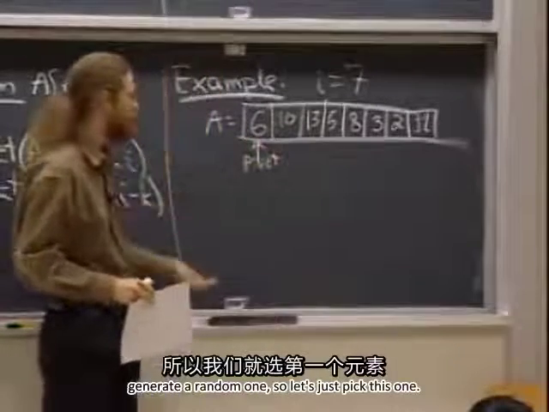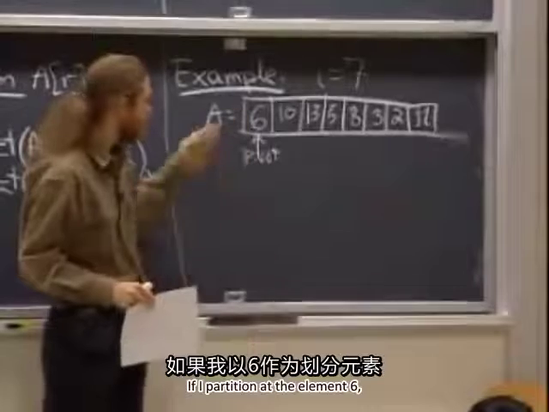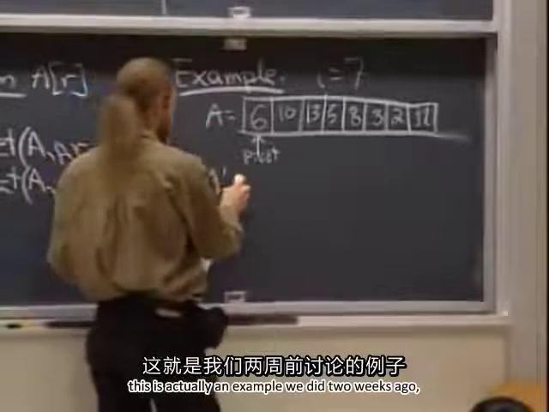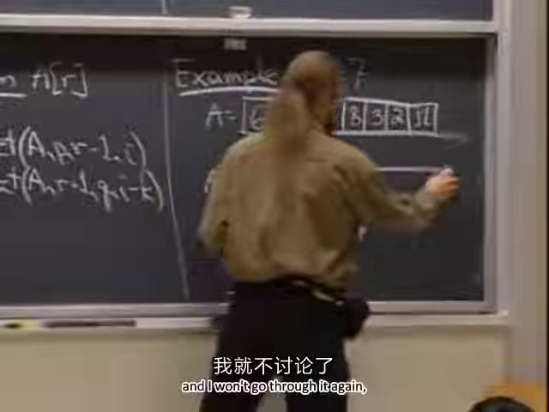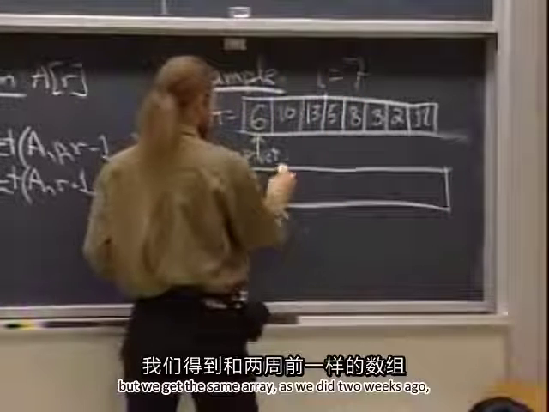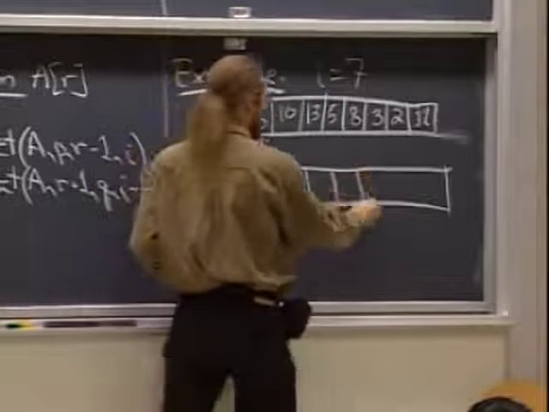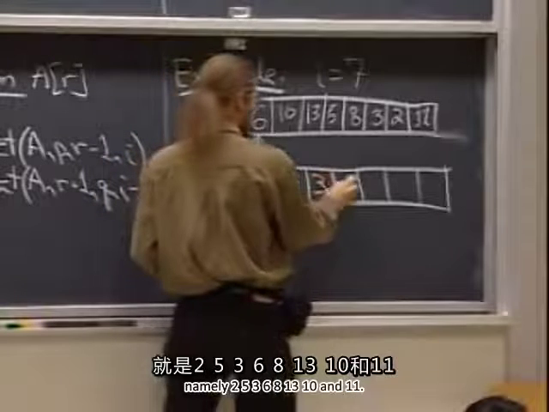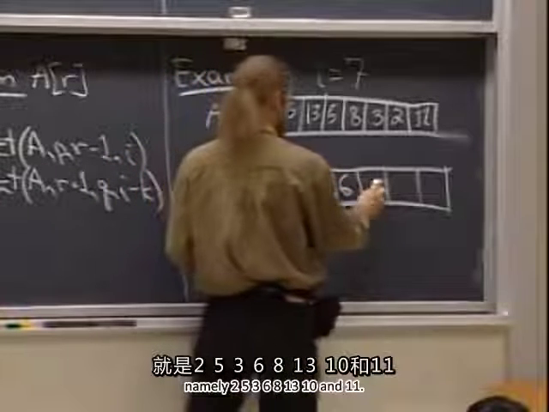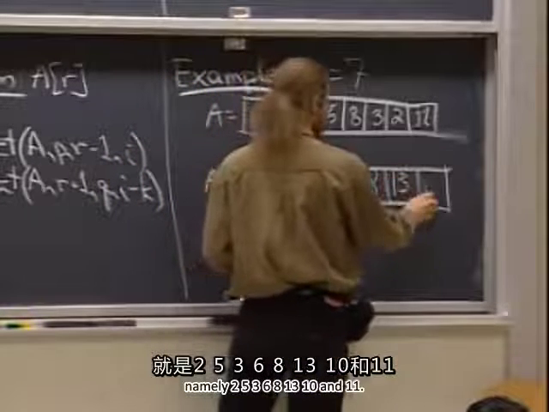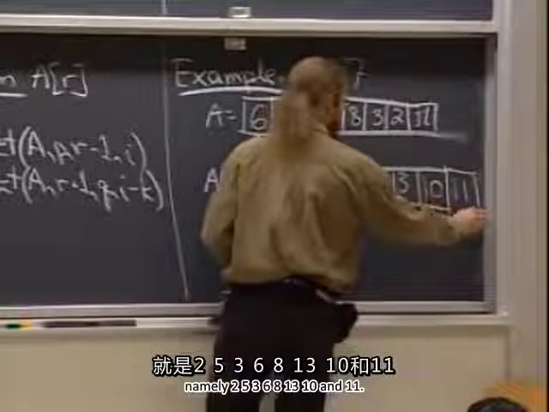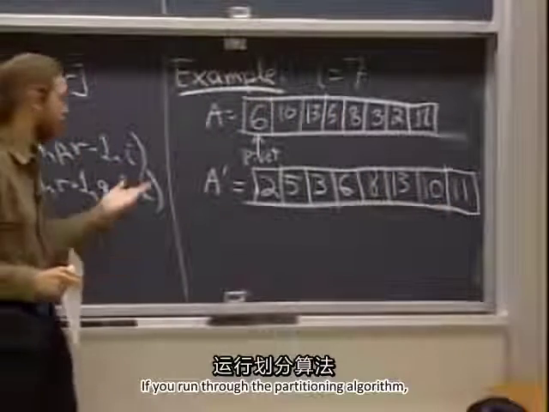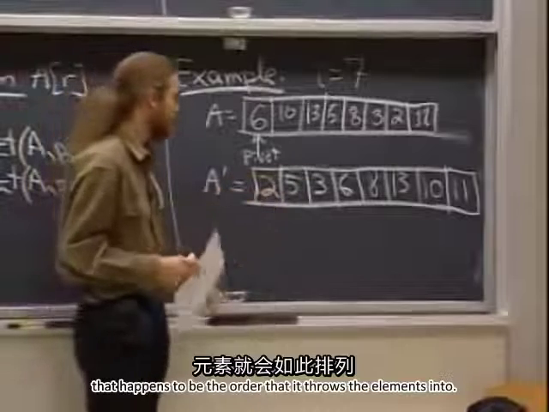So let's just pick this one. If I partition at the element 6, this is actually an example we did 2 weeks ago. And I won't go through it again, but we get the same array as we did 2 weeks ago. Namely 2, 5, 3, then 6, then 8, 13, 10, and 11. If you run through the partitioning algorithm, that happens to be the order that it throws the elements into.